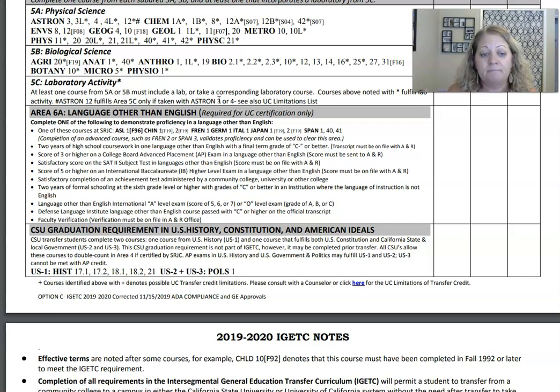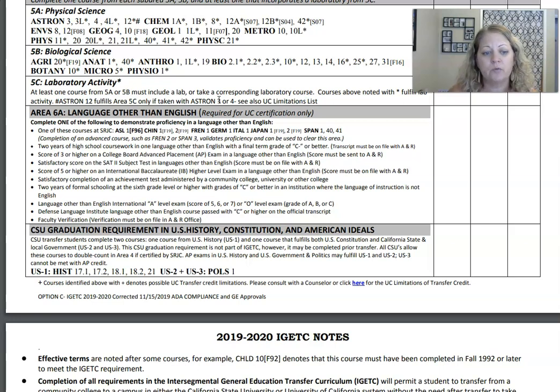You could use AP. You could use the SAT 2. You could have a score of 5 or higher on the IB. If you studied outside of the United States, we can use 2 years of formal schooling at the 6th grade level or higher with grades of C or better in an institution where the language of instruction is not English.